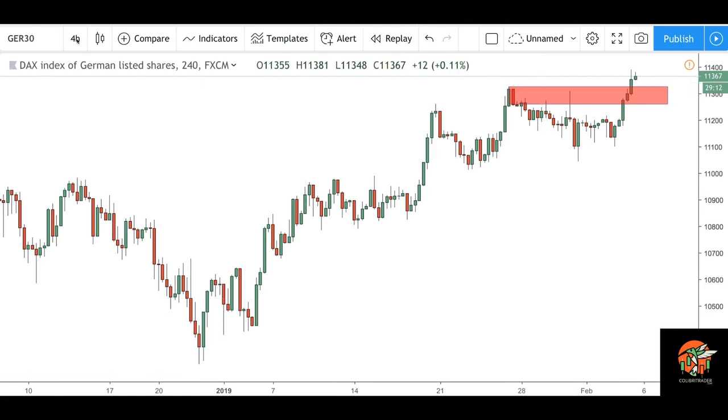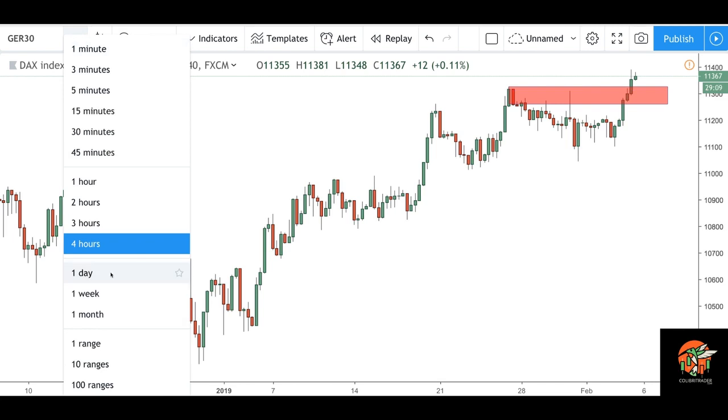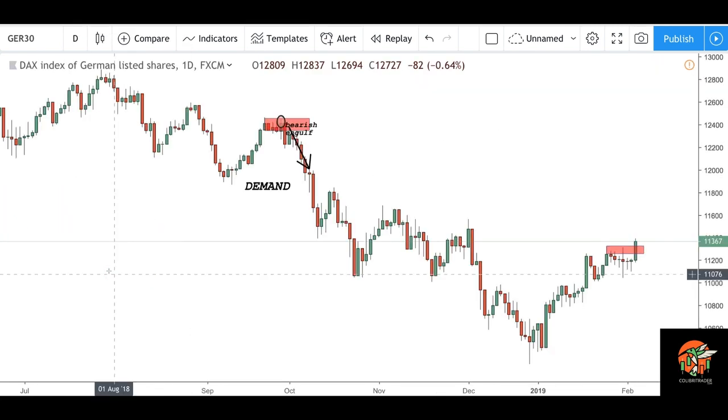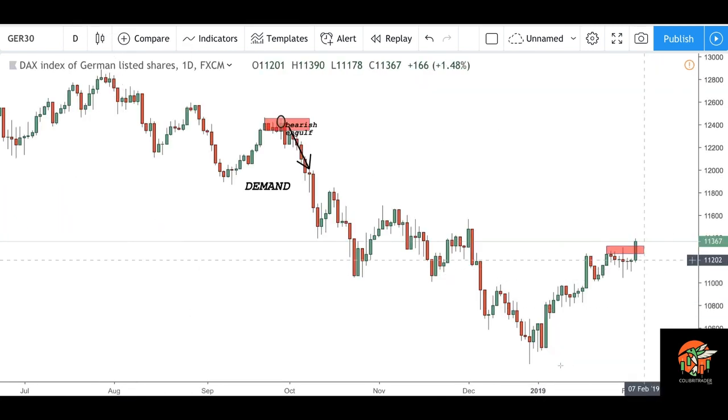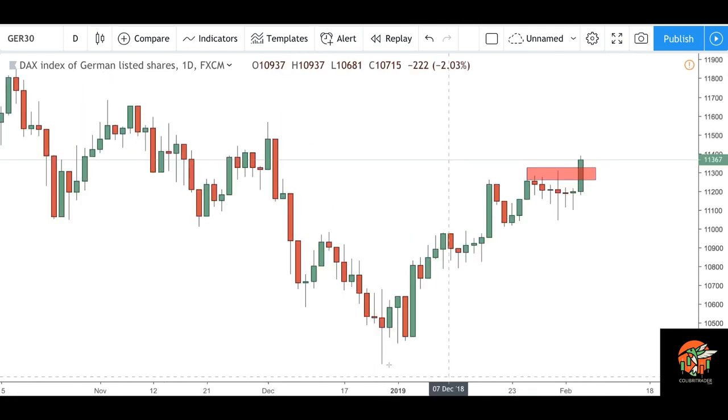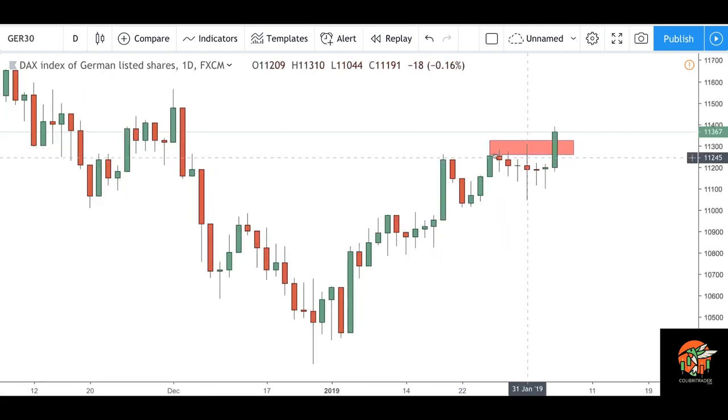trade. But before that, I need to definitely see a signal from the daily time frame. So if you go to the daily, I actually wrote on my blog at this level here.